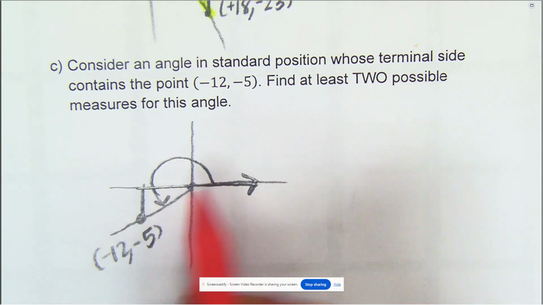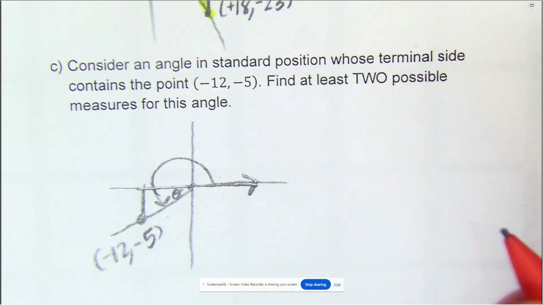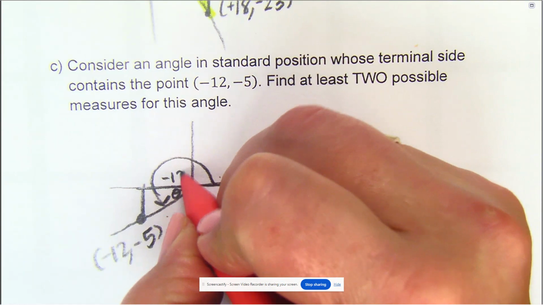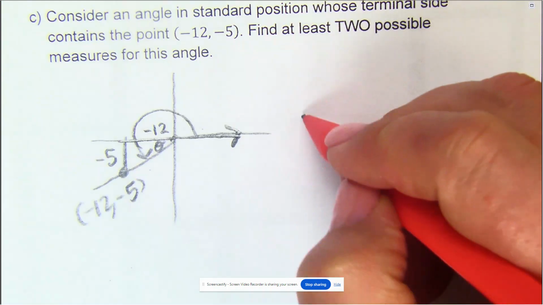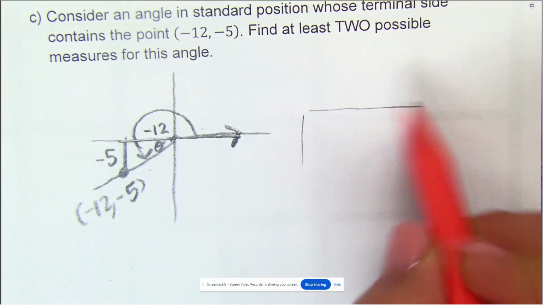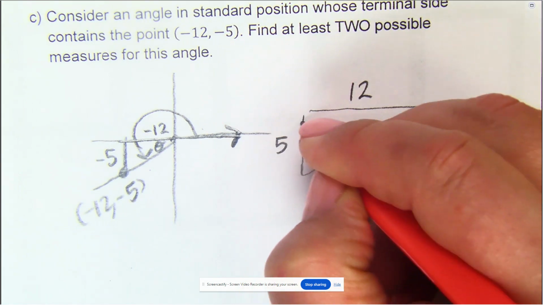I can't find that entire angle, but I can find this angle right here. So this is my negative 12, and this is my negative 5. So I'm going to blow this up, and I'm going to ignore the negatives. This is 12, this is 5.